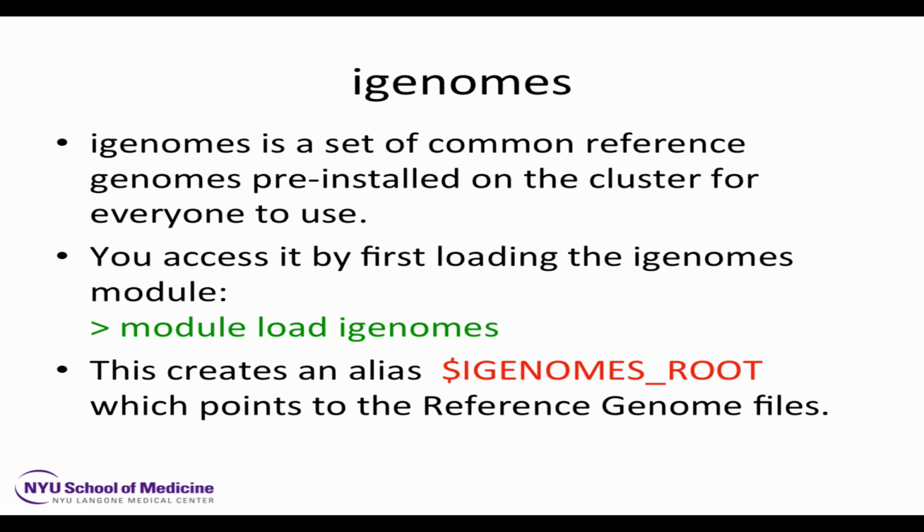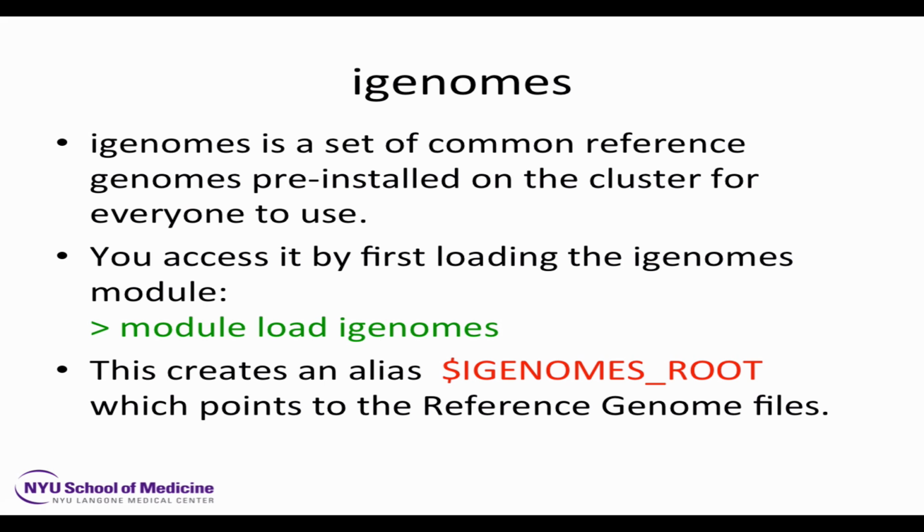But with 700 users and each person working with multiple species over time, that would be an enormous waste of data storage and also of the computing that's necessary to create these index files that are used by the alignment software.